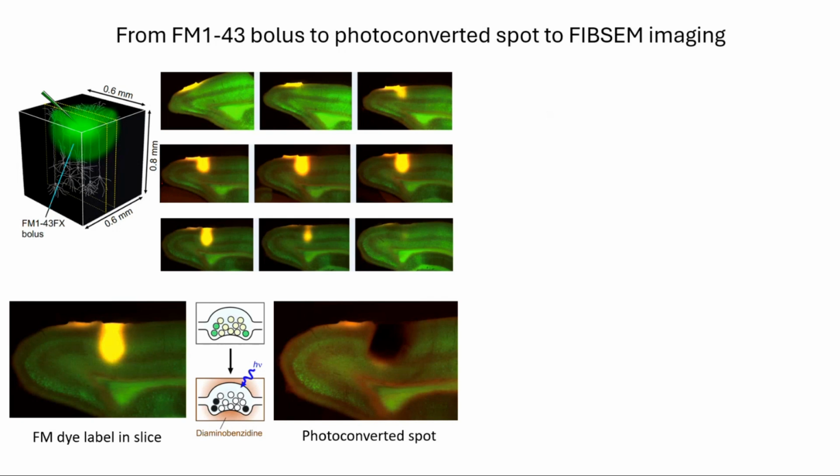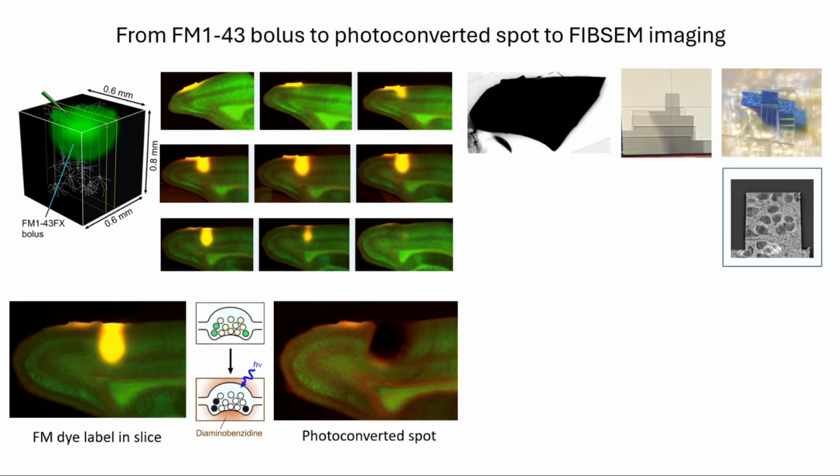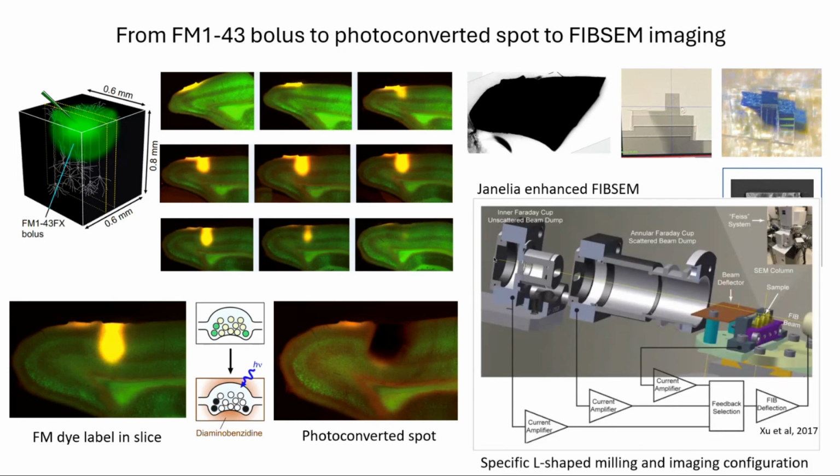Then the sections are processed for electron microscopy with the ROTO protocol, and then we shape up our sample for the eFIBSEM imaging. Originally, we sent our samples to Janelia for enhanced FIBSEM imaging, but I'm happy to say that we have our first enhanced FIBSEM in London at the CLEM Institute, and tomorrow Chris Peddie is going to talk to you about the challenges you can face when you set up this system.